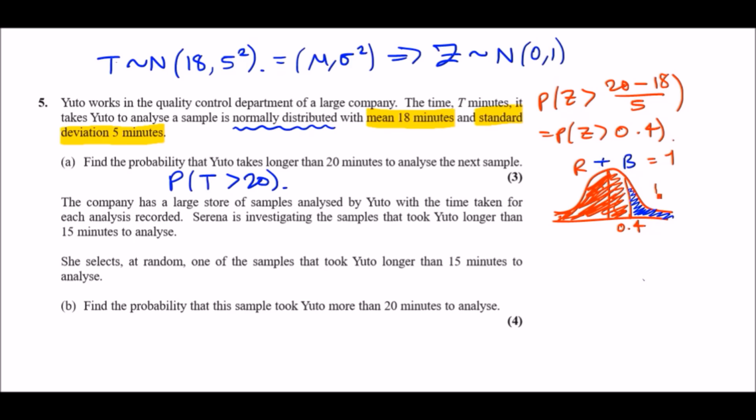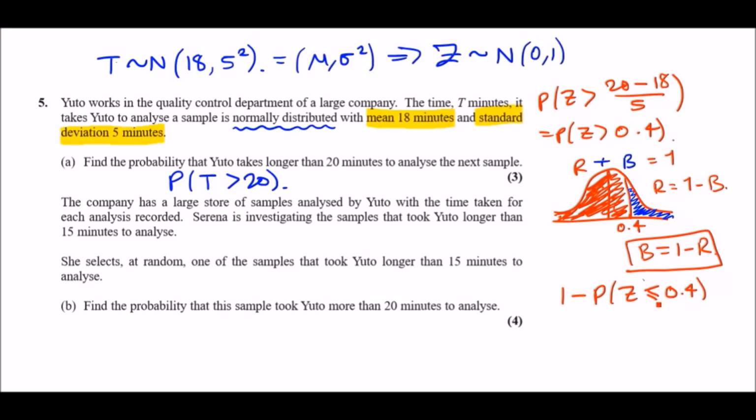The red region is going to be 1 minus the blue region, or in this case we can replace blue with 1 minus the red. So instead of writing z greater than 0.4, the blue region is equal to 1 minus the red region, and red is less than or equal 0.4. So 1 minus the probability z is less than or equal 0.4.